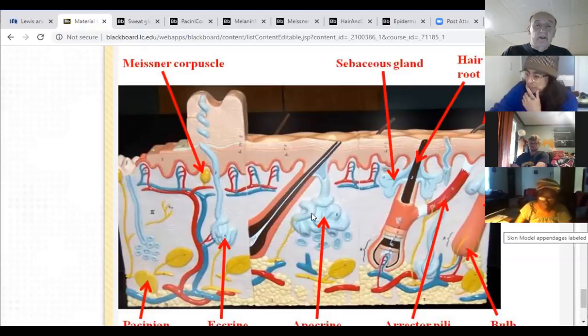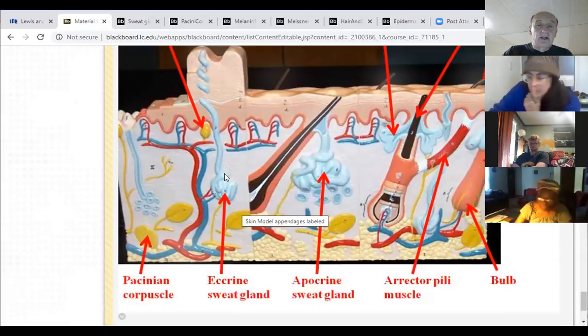And then we have a different sweat gland, the eccrine sweat gland. Sweat glands look like a coiled set of garden hoses. A big difference between the apocrine and the eccrine sweat gland is that the duct of the eccrine sweat gland goes all the way to the top of the stratum corneum.